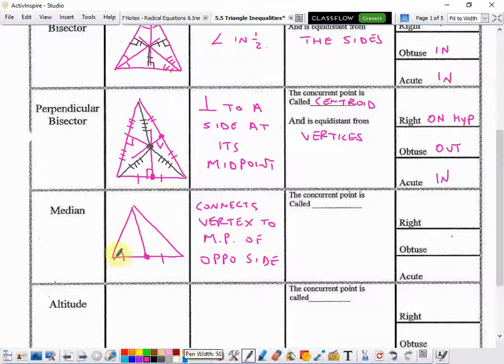If I draw in all three of them, they will all meet at one point. That point of concurrency is called the centroid. In every kind of triangle that is inside.